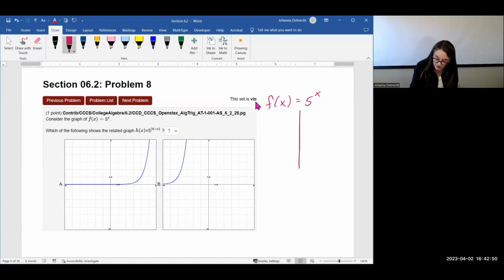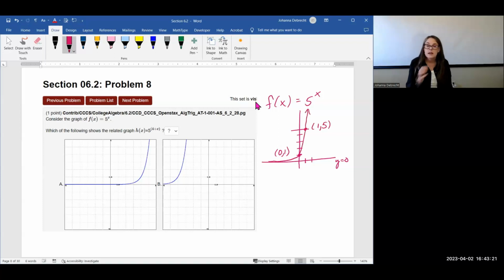This one is going to grow very, very rapidly. So it's going to have a horizontal asymptote of y equals 0. It crosses here at (0, 1), and when x is 1, the y value is 5, so I've got (1, 5) on it as well. It grows very rapidly.